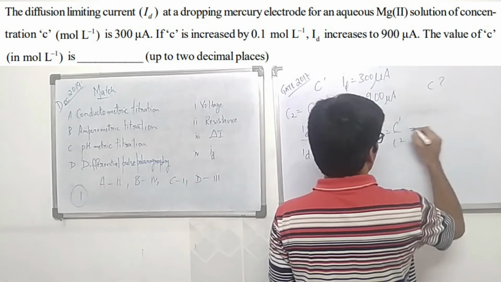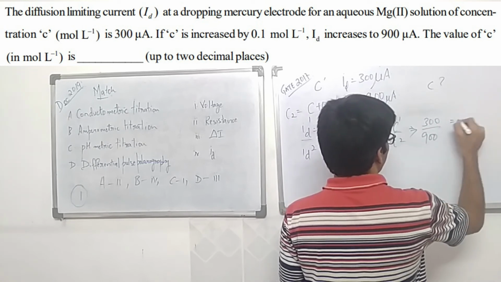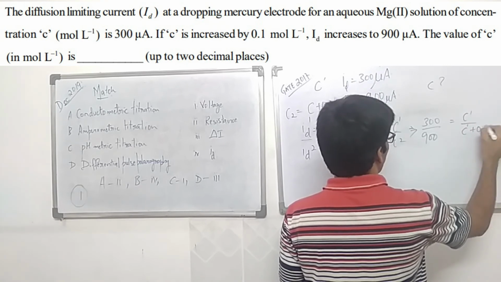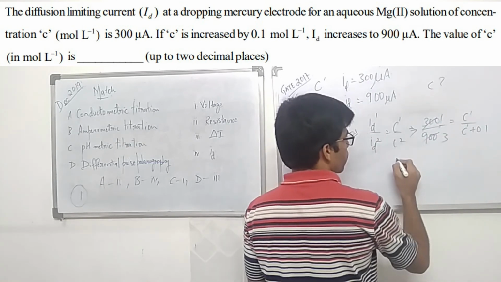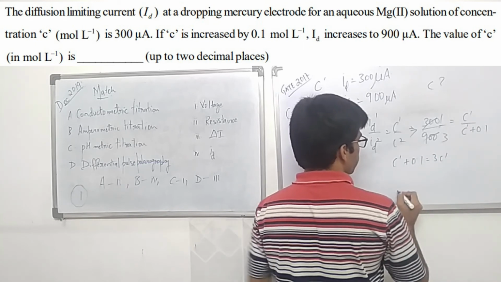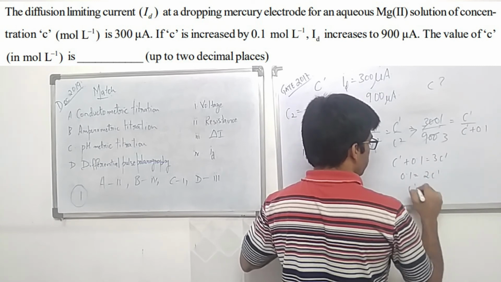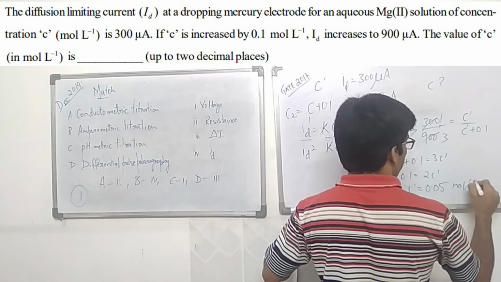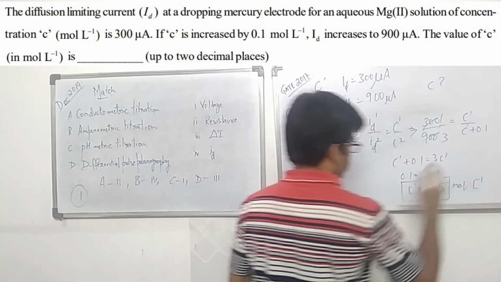So I would get 300 by 900 equals C1 by (C1 plus 0.1). So you get 1 by 3. You get C1 plus 0.1 equals 3C1, or 0.1 equals 2C1, or C1 equals 0.05 moles per liter, which was the correct answer to this question.